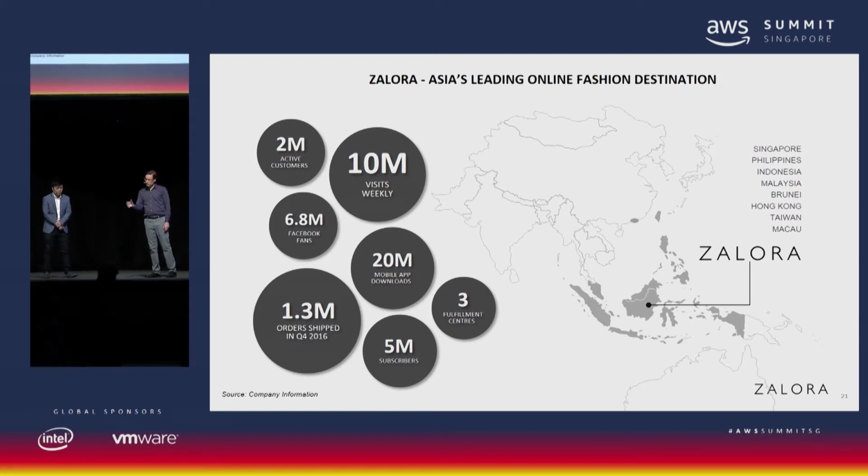Now, you spoke a little bit earlier about some of the innovations that you achieved on AWS when you were deploying your SAP solution. Could you dive in a little bit deeper on what some of those were?